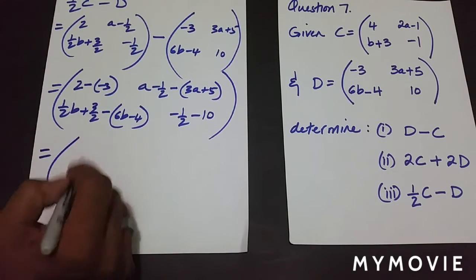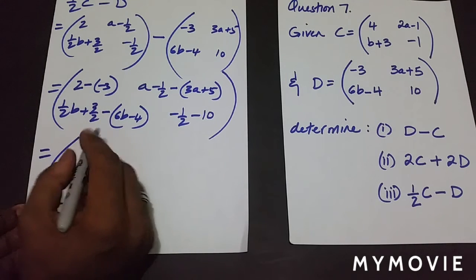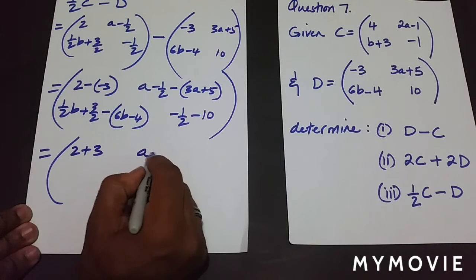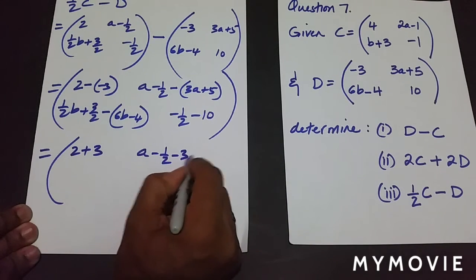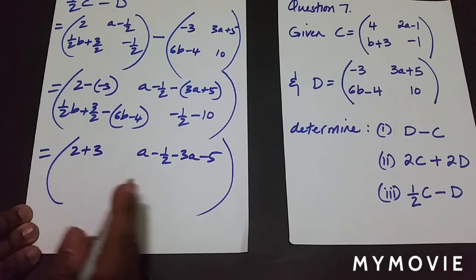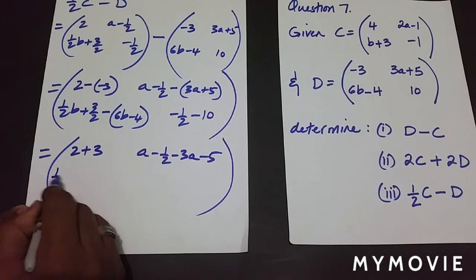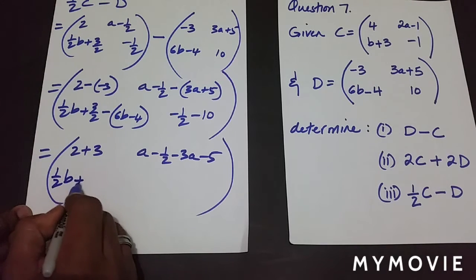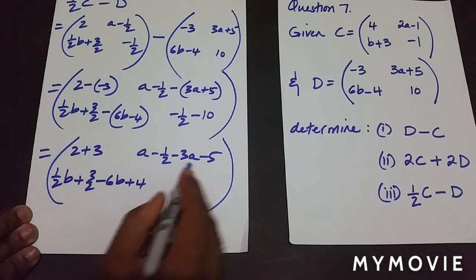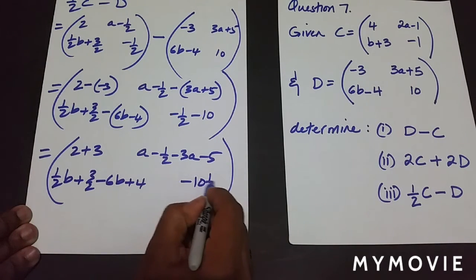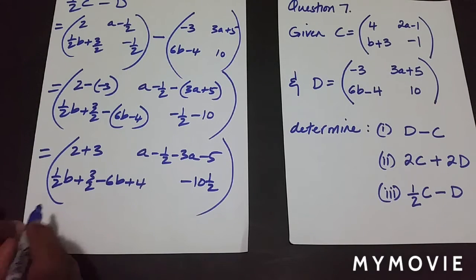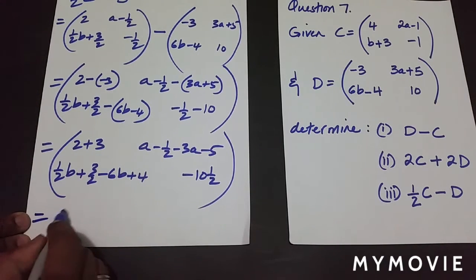So this would be 2 plus 3, a minus a half minus 3a minus 5. Remember, the negative sign changes all the signs inside the bracket when you're ready to remove the bracket. So this would be half b plus 3 over 2 minus 6b plus 4, and this is minus 10 and a half, obviously.